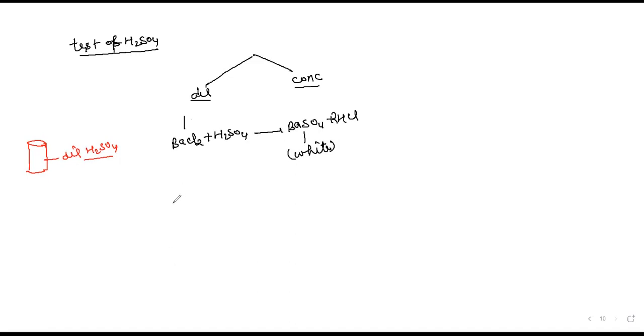In the same way, when lead nitrate reacts with H2SO4, it gives PbSO4 plus 2HNO3. PbSO4 is again a white precipitate. So whenever we see this white precipitate, we can be assured that H2SO4 is present.